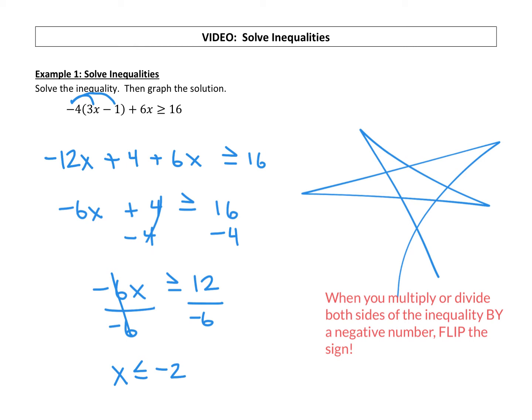Did I just multiply by a negative number? That's when you're going to flip the sign or the inequality. Actually, I wish I had written inequality. I'm just going to change that real quick. Flip the inequality.